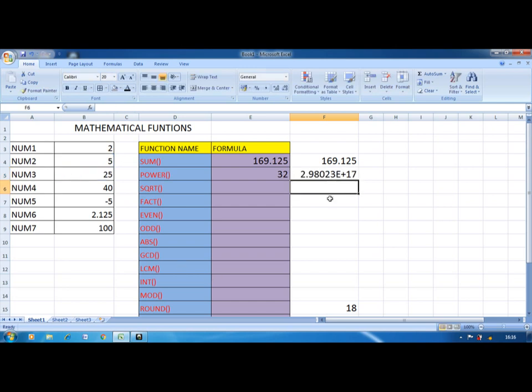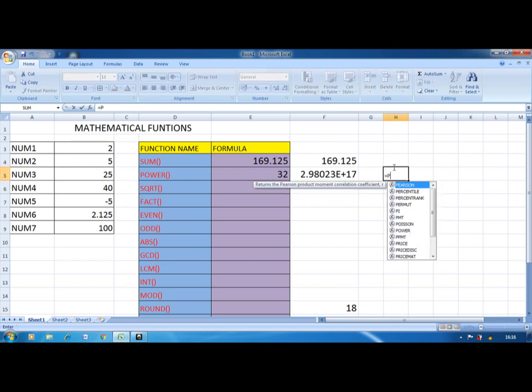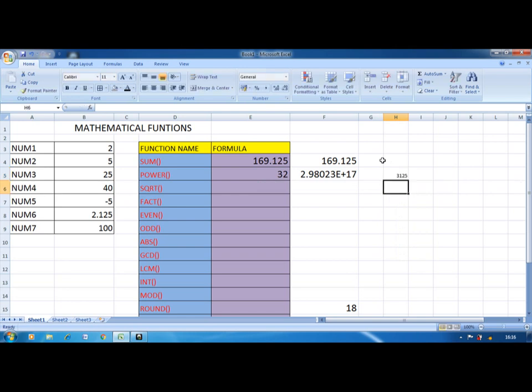If I want 5 raised to 5, equal to POWER 5 comma 5. Or if I want 10 squared, what do you write? Equal to POWER 10 comma 2. 10 raised to 2 is 100.